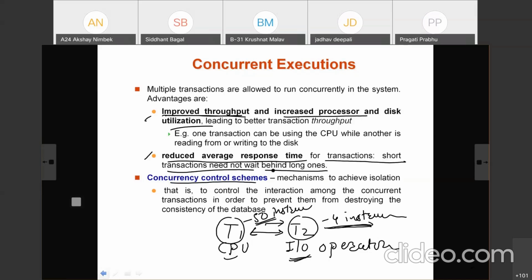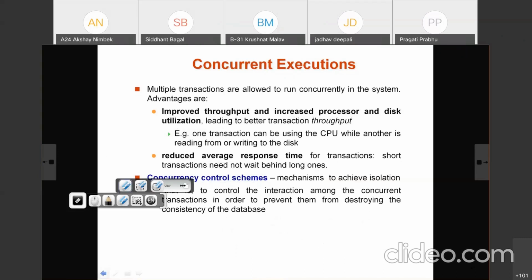These are protocols used to control the concurrent execution. So these are the advantages of concurrent execution. Is it clear? Now what is actually meant by serial execution and concurrent execution, that we are going to see.